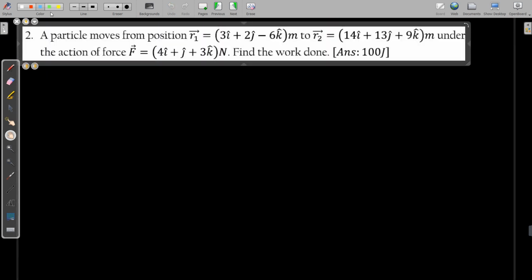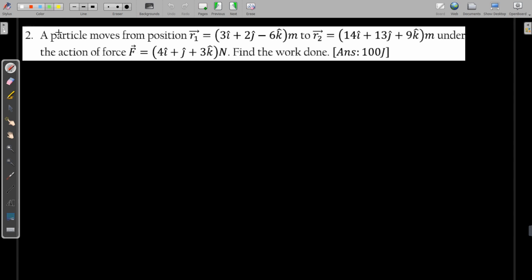Next, this question is very easy. What about this question? Again, the same thing. I'm not going to go into details. Here, displacement you have to find out by the method R2 minus R1. R2 is 14 i cap plus 13 j cap plus 9 k cap minus R1, which is 3 i cap plus 2 j cap minus 6 k cap.